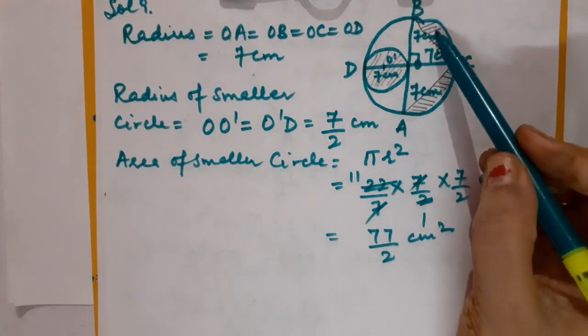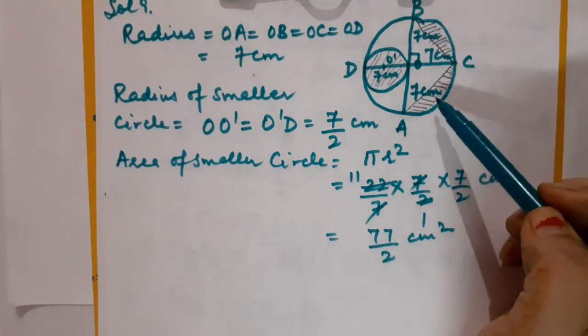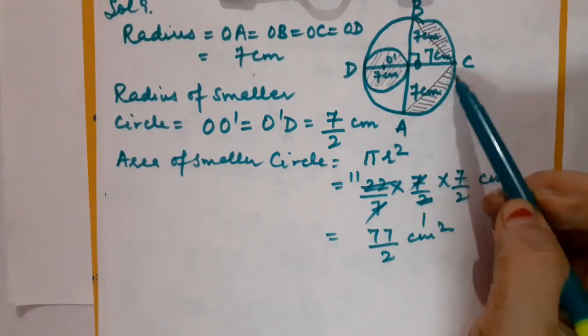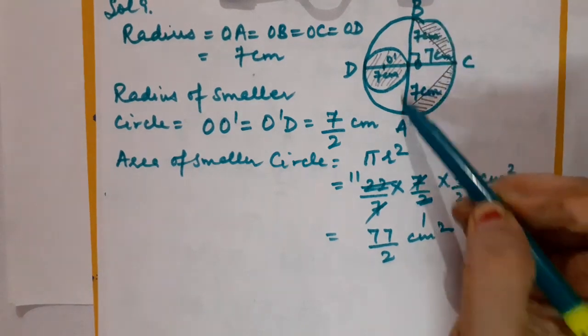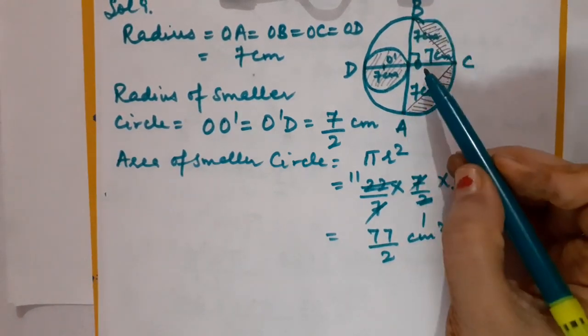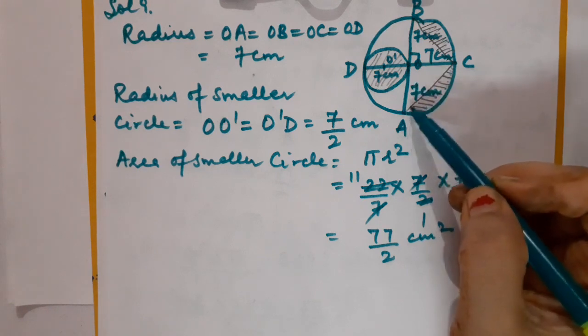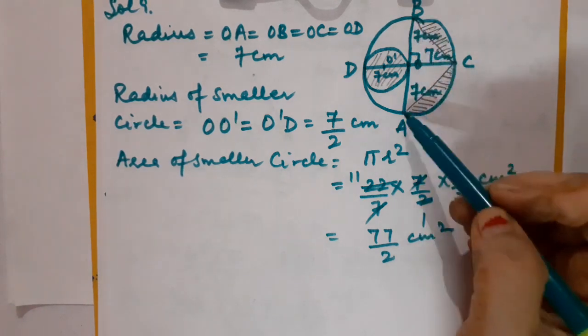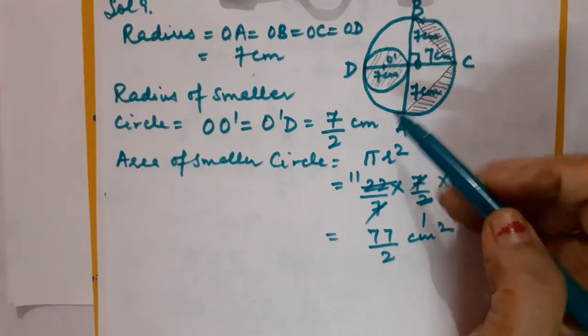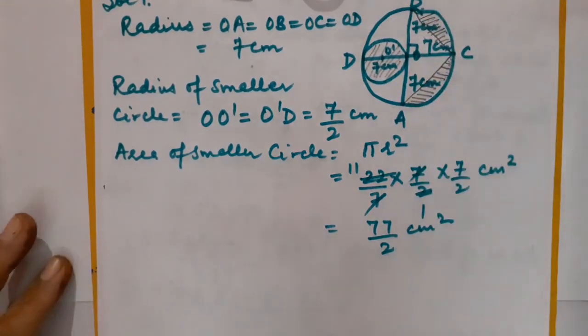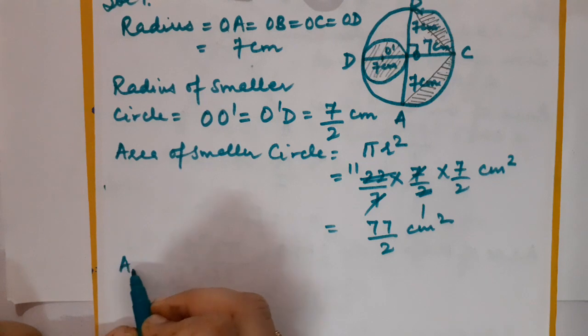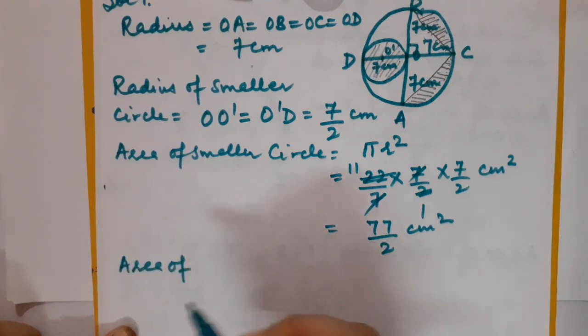Now children, I am going to calculate the area of this shaded region. How? First of all, I will calculate the area of this semicircle, that is ABC, and then I will subtract the area of this triangle, its name is ACB. Correct? So first of all, I am going to calculate the area of the semicircle.